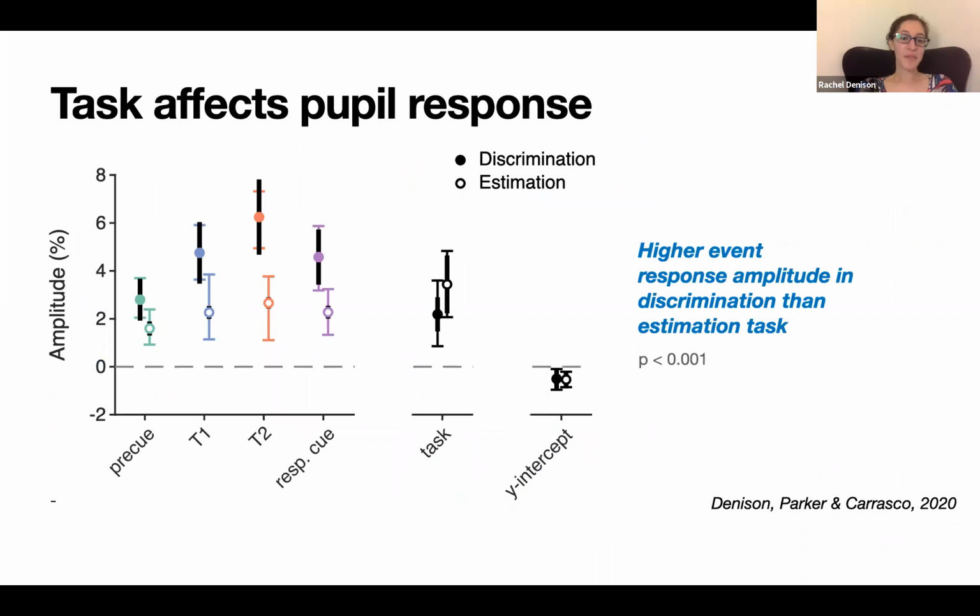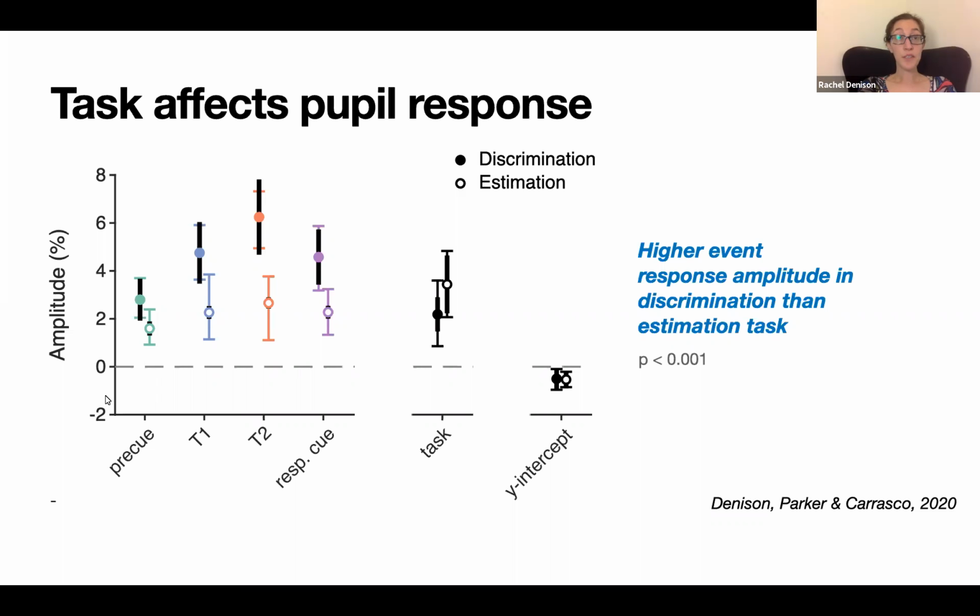Finally, then, we asked whether any of the experimental manipulations that we did affected either the amplitude or latency of the pupil response as estimated by the model. And we found that all the event amplitudes were higher in the discrimination task than in the estimation task.